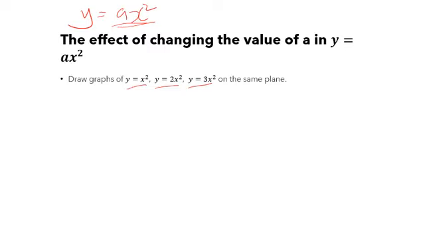We have a is equal to 1 for the first equation, a is equal to 2 for the second, and a is equal to 3 for the third. So you can see we have a with different values.